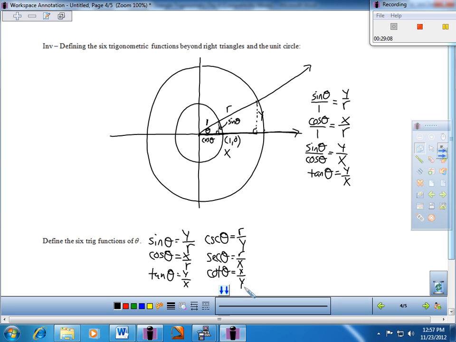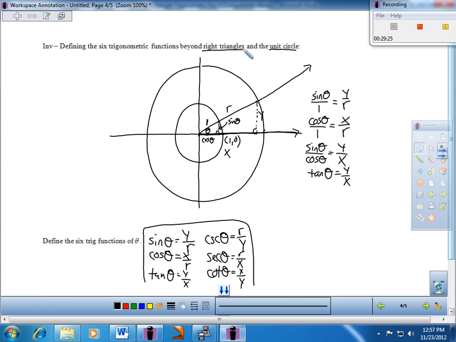So everyone, when you get an opportunity, really put a big box around those, and that represents as complete as it's going to get. And as it says, finally beyond the unit circle and beyond right triangles for any angle in either degrees or radians. And that's what we're going to start taking a look at.